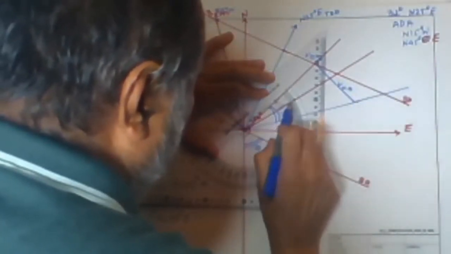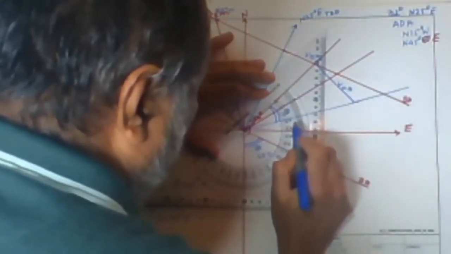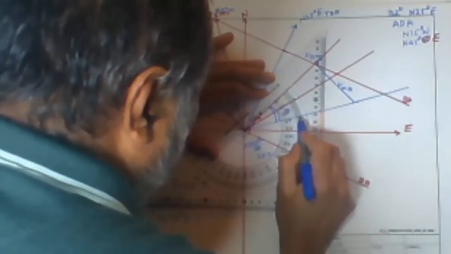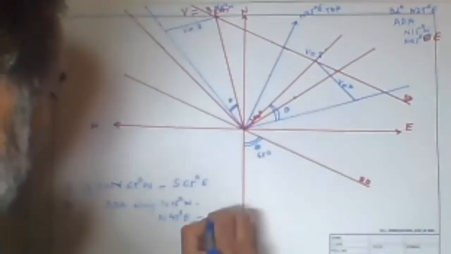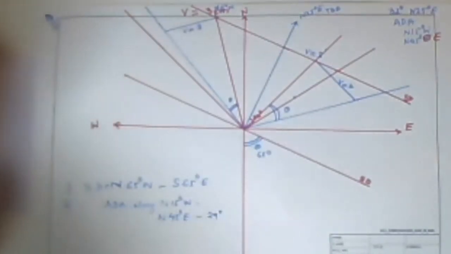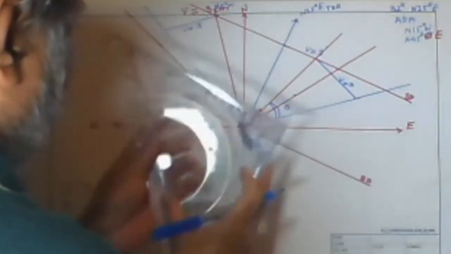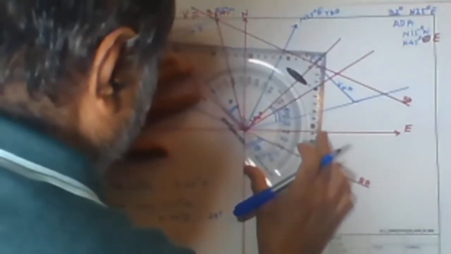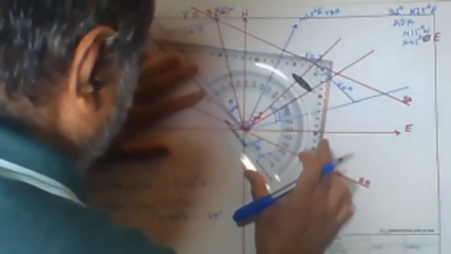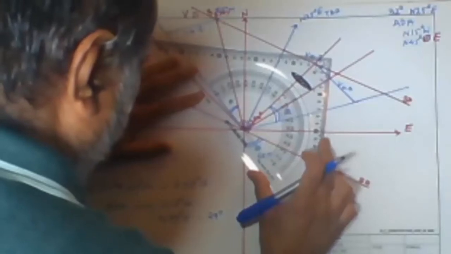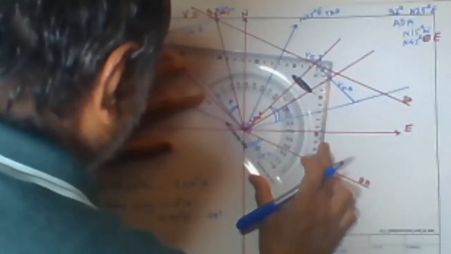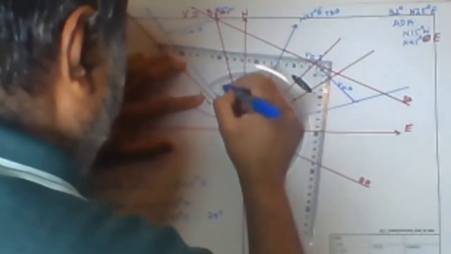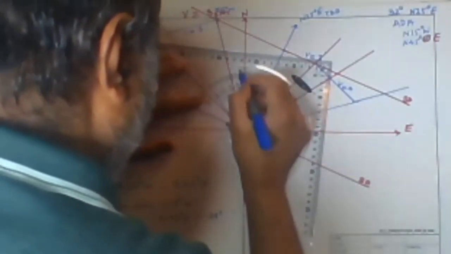So now 10, 20, 29. So here we got along north 45 degree, 29 degree. Come to this point. Now 10, 20, 25.